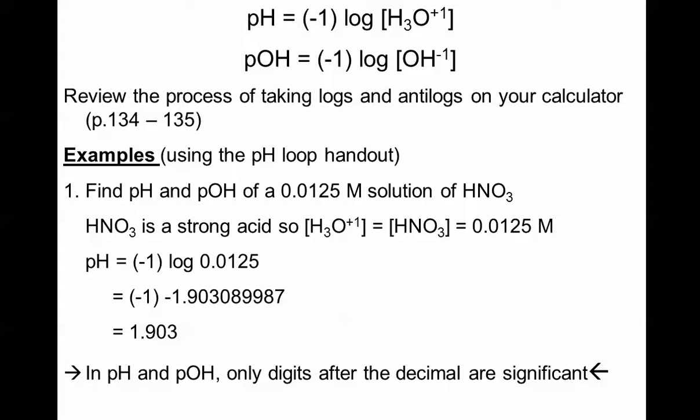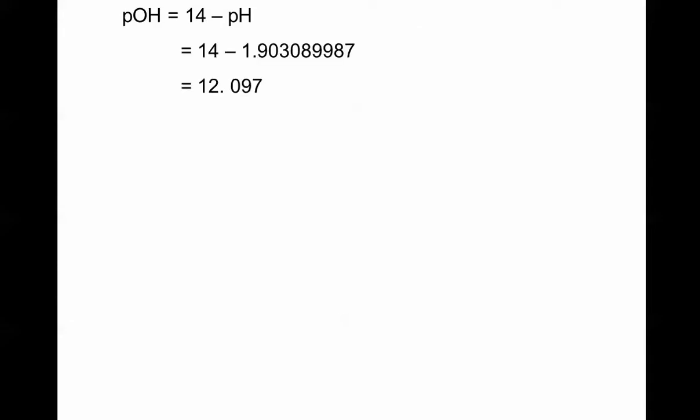That's why we don't say that it's a pH of negative 1.9. It's a pH of 1.9. So it's really easy to find the pOH from this. Take a look at pOH, and all we have to do is take 14, which is the maximum pH, away from the pH, and that is 12.097. So approximately 12 would be the pOH of it.